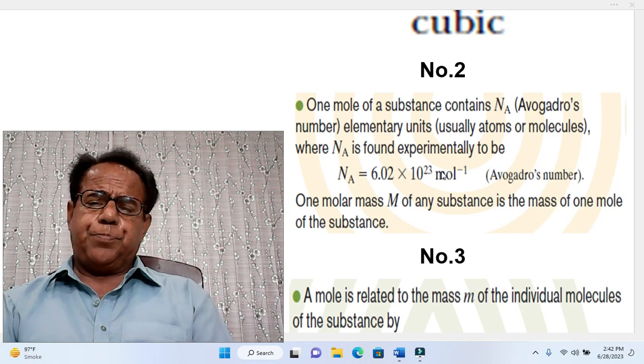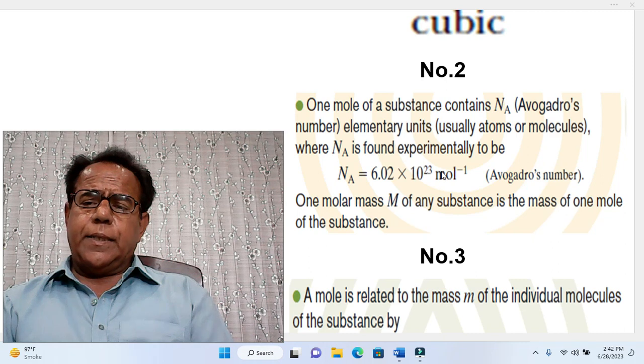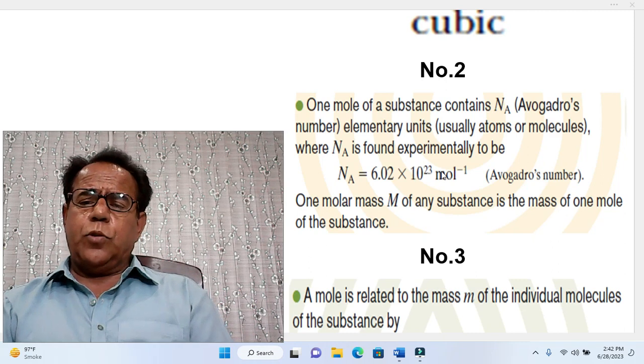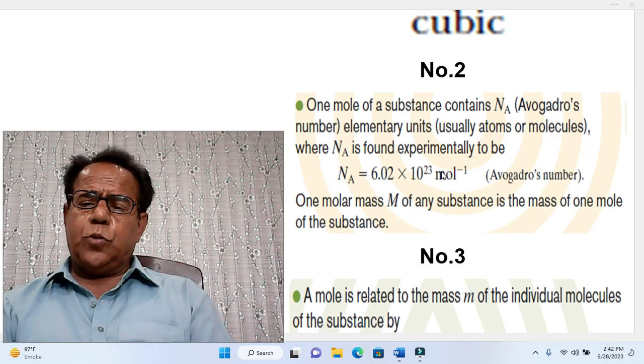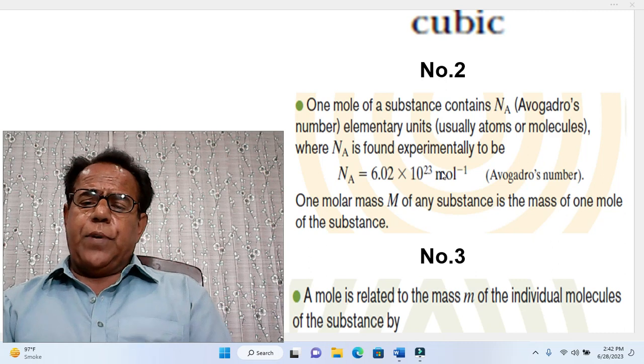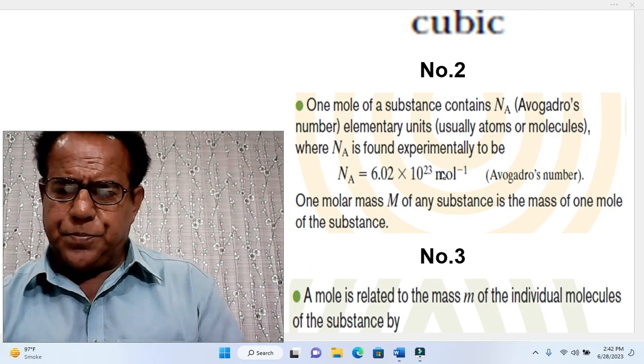One mole of a substance contains Na, Avogadro's number, of elementary units, usually atoms or molecules, where Na is found experimentally to be 6.02 times 10 to the power 23 per mole. The molar mass M of any substance is the mass of one mole of the substance.